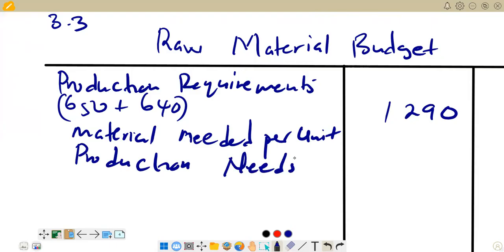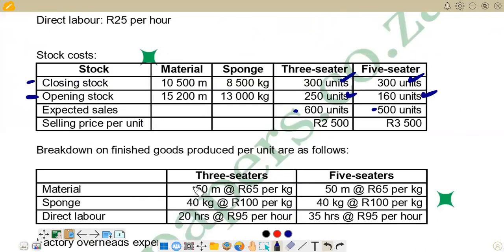Basically, we want to see the material that is needed per unit. And remember, these are 1,290 units. So we multiply by the material needed per unit so that we get the production needs. For that, we go back to see what is the material per unit. We come to the section of breakdown of finished goods produced per unit, which we are given.